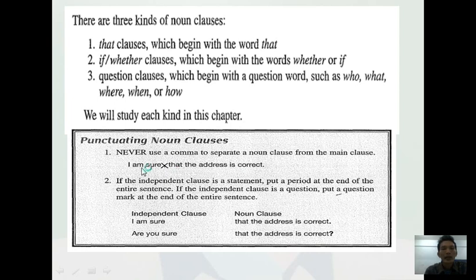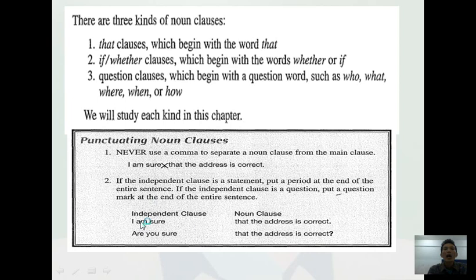The correct one is, I am sure that the address is correct. Don't put a comma before the subordinator. Second, if the independent clause is a statement, put a period at the end of the entire sentence. If the independent clause is a question, put a question mark at the end of the entire sentence.